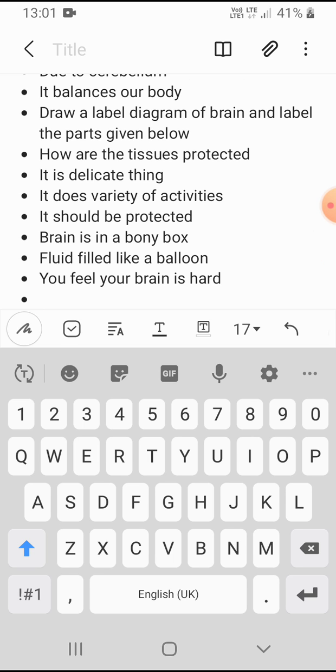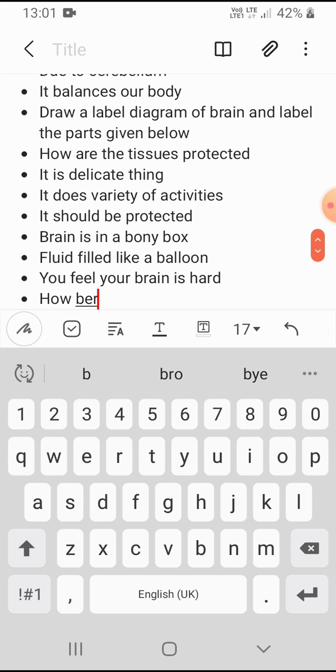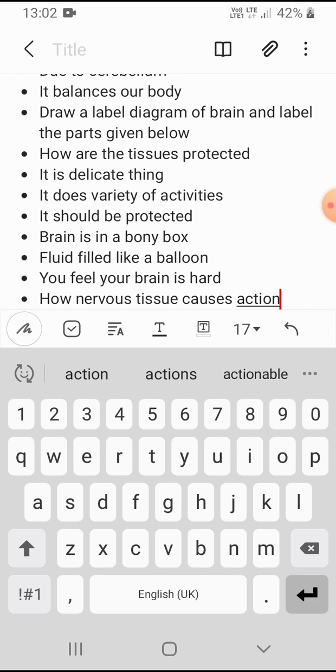And the next thing is: how do nervous tissues cause actions? How does it do any action?